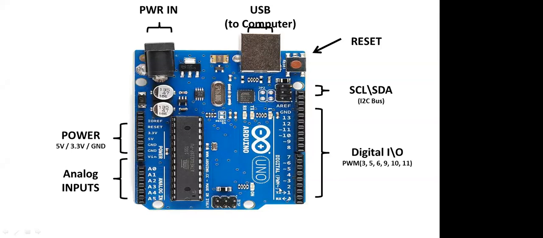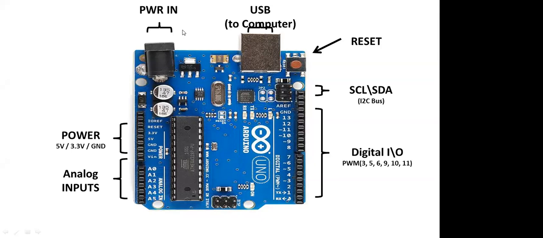PWM pin means, in a simple way, you can give analog output from these pins. You can take analog input from these analog pins, and you can give analog output from these tilde pins. These pins can be used as digital also, and as analog output also. So this one is a power socket. You can give power to your board with the help of this.